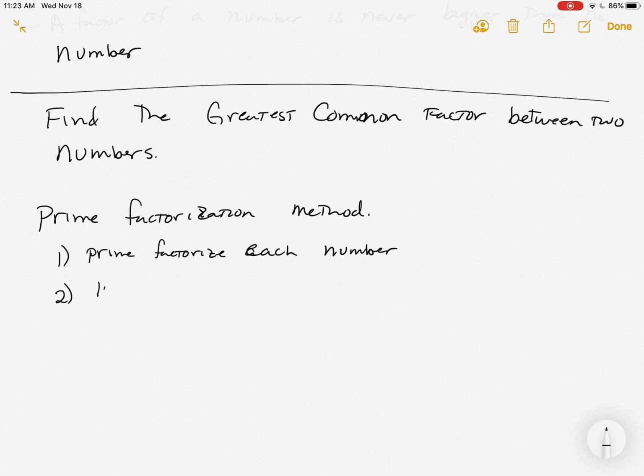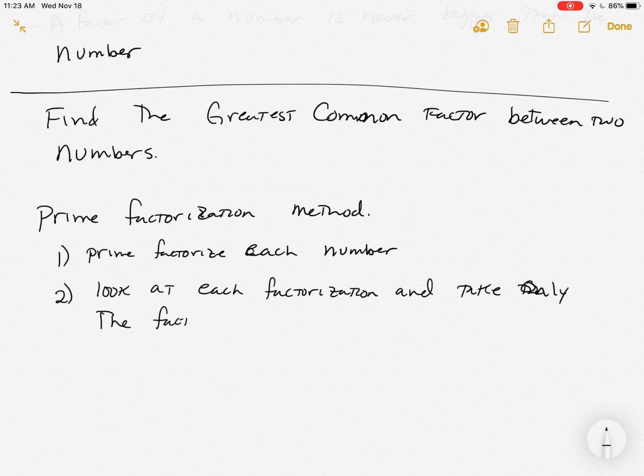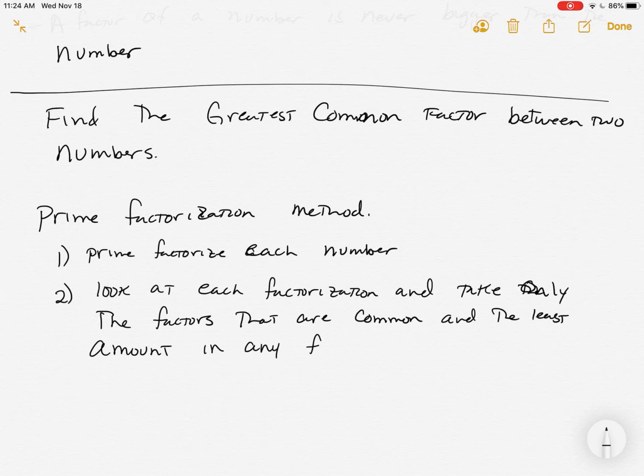Second step, look at each factorization and take only the factors that are common and the least amount in any factorization.